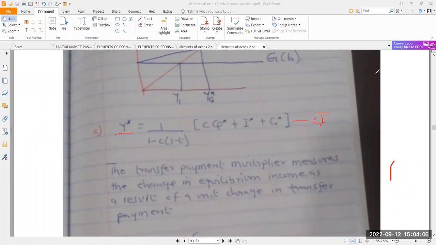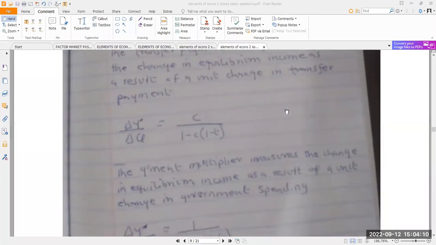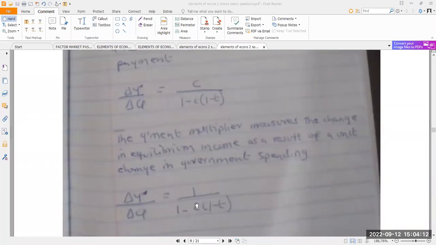Okay, and then the next question, we're supposed to compare the transfer payment multiplier and the government spending multiplier. Now, this is for the transfer payment. This is for the government spending. If you look at the two, the government spending multiplier is always greater than the transfer payment multiplier.